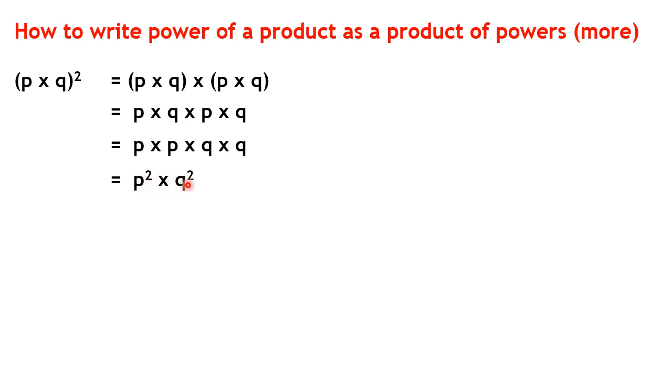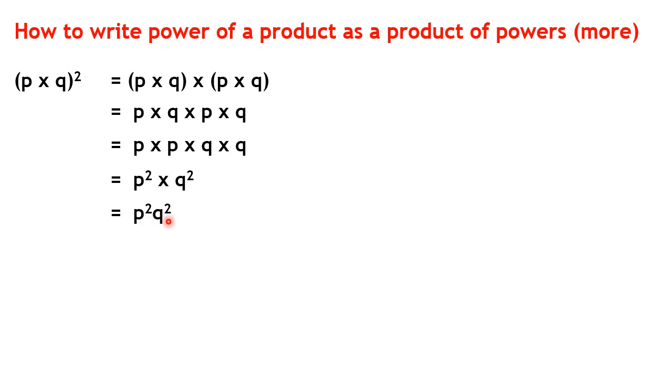But since these are unknown terms, we can write one more step to express the relation. Here P squared into Q squared is written without the into sign: P squared Q squared.